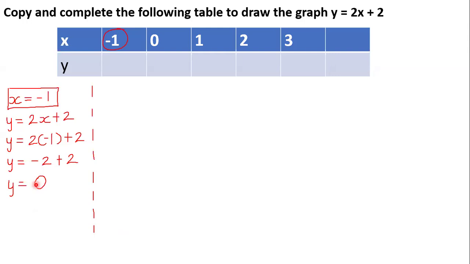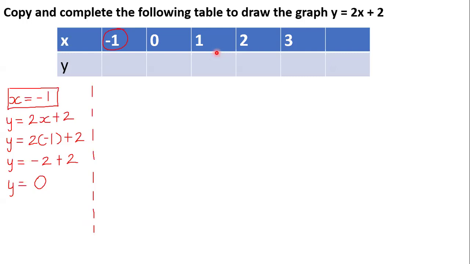Yes, sir. How did you understand how we got y is equal to 0? A little bit. Okay, so wherever we see x, we're going to put in negative 1. What is 2 times negative 1? It's negative 2. Very good. So we have negative 2 plus 2, and that gives us 0. Do you understand why?